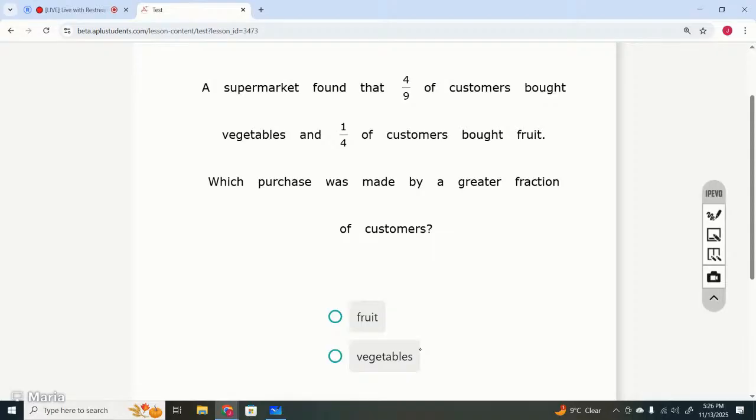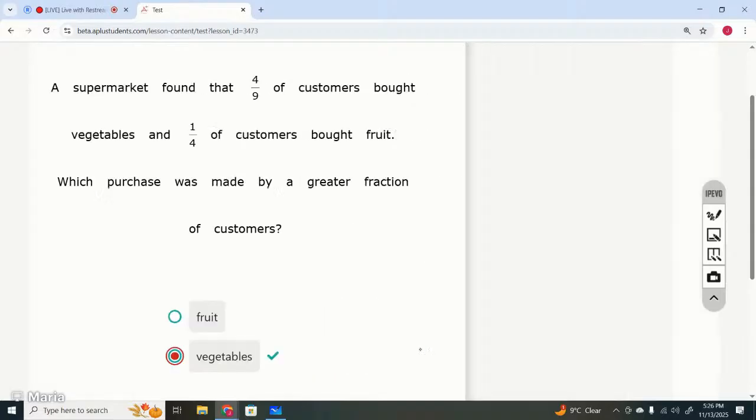So, four ninths, that means a greater fraction of customers bought vegetables. Option number two is the correct option.